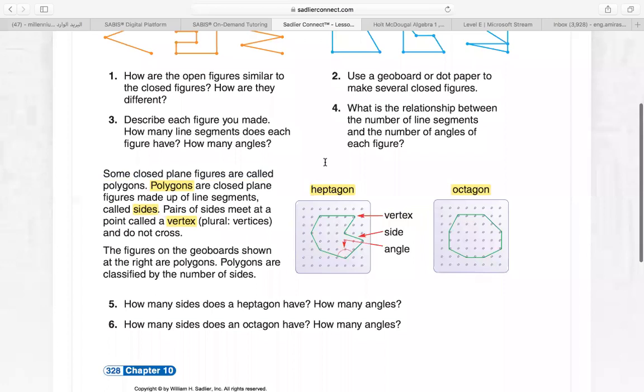Polygons are closed plane figures made up of line segments called sides. Here we have many new words we're going to study. Pairs of sides meet at a point called a vertex. The plural is vertices, and sides do not cross.